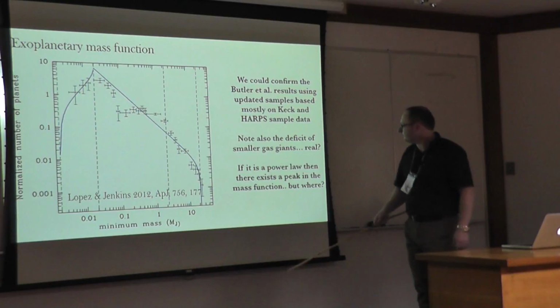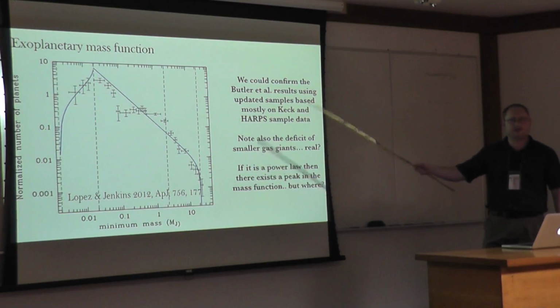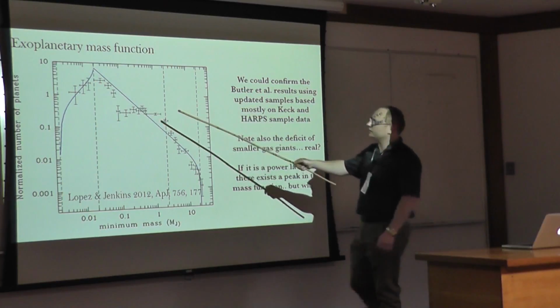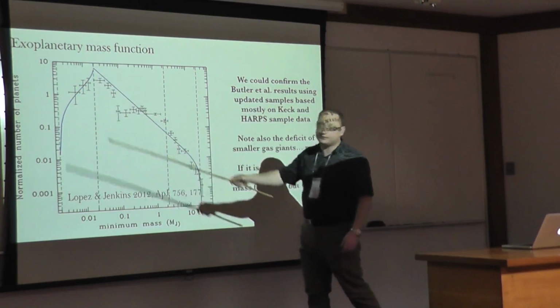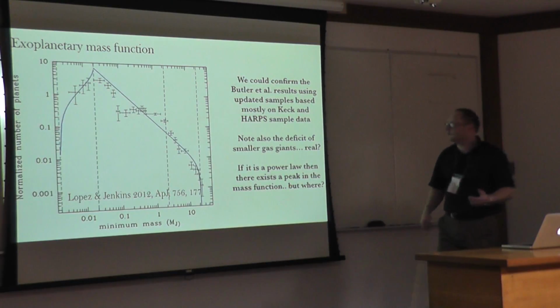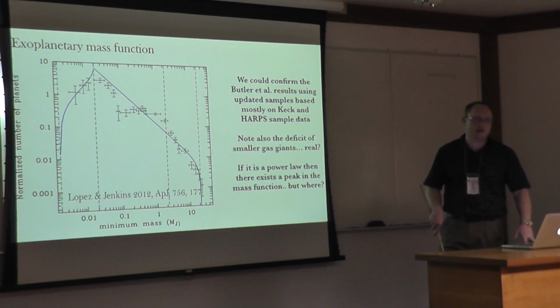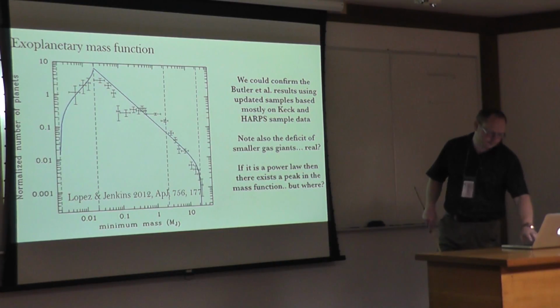But again, it's just to confirm that now, even pushing towards lower masses, we're getting to a point where we believe, at least if we are complete in this region, that the mass function's still increasing. So there seems to be a plethora of small planets around nearby stars.